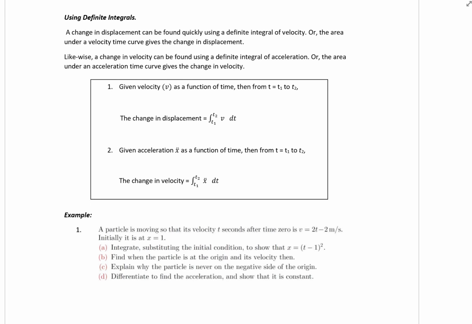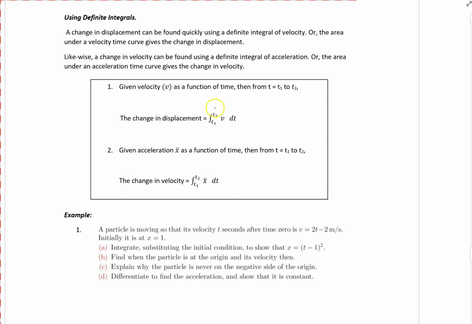So what are these definite integrals going to look like? Well, what we have now is a situation where we can set up an integral, and based on the wording of the question, if we were taking the integral of the velocity function from time is 1 to time is 2, for example, then what we're actually getting is the change in displacement.